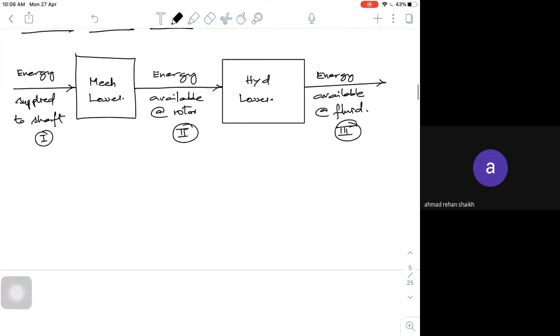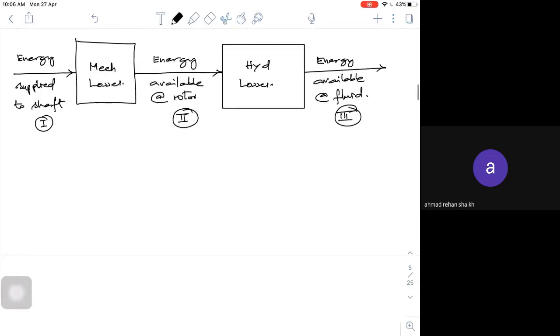The first type of efficiency we have studied is the mechanical efficiency, eta mechanical. What is it actually?